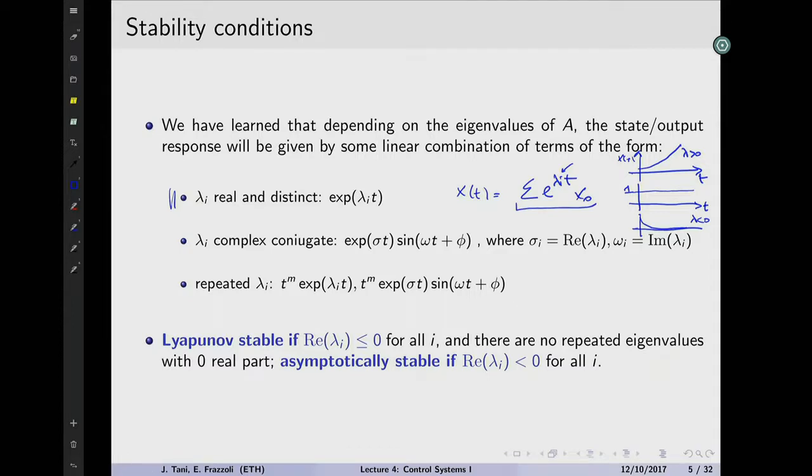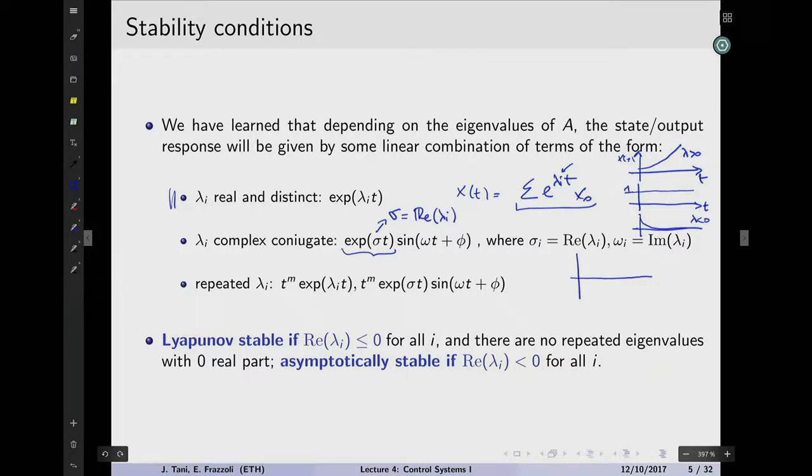We then saw that if the A matrix has a different structure, say the lambda_i's are complex conjugate, fundamentally the same truths apply. That is, you always have an output given by an exponential term that represents the envelope of some oscillations. And this exponential term, sigma, is the real part of the eigenvalue. So basically, everything we said before applies.